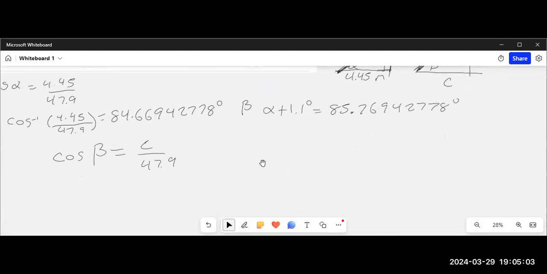And we're going to solve for side C. So cosine of that angle that we just got times 47.9 is equal to C. And I get that this is about 3.53.